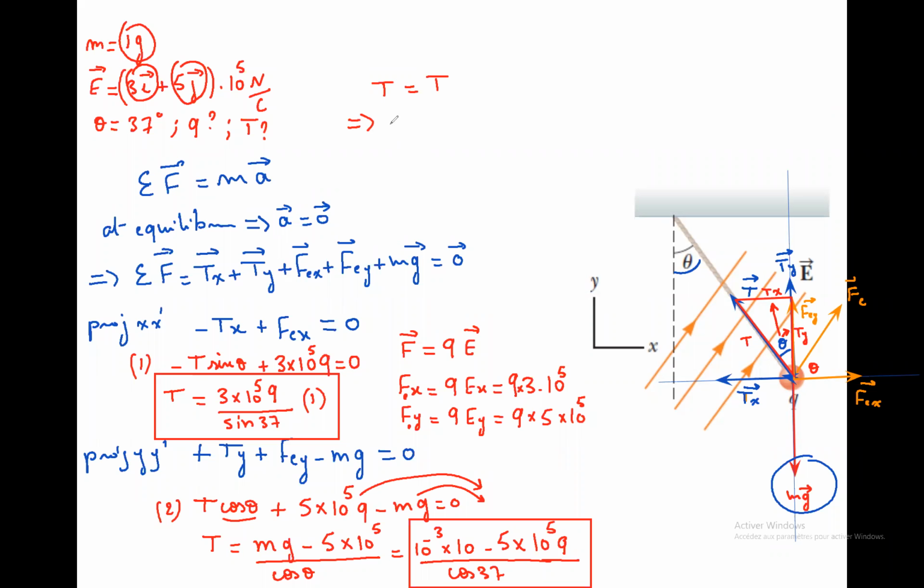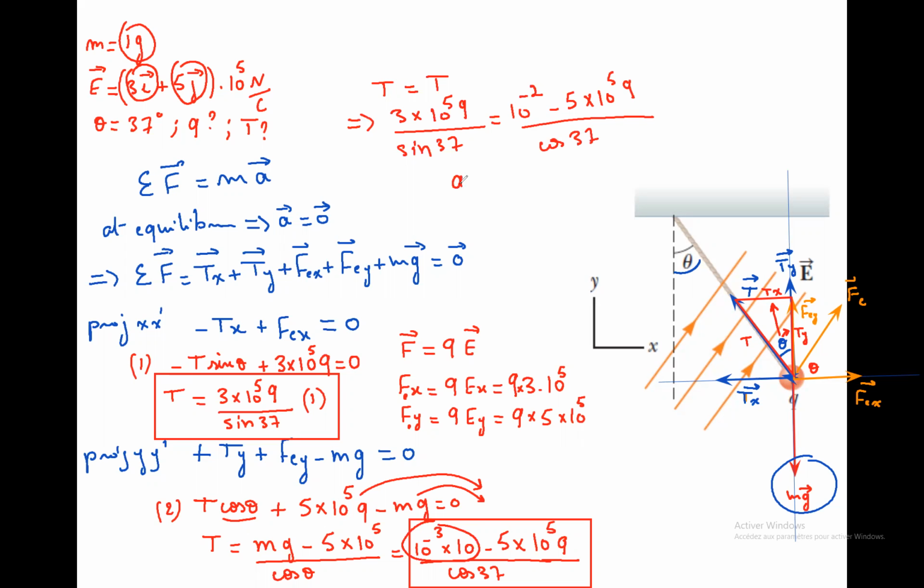So we can say 3 times 10 power 5 Q divided by sine 37 equal to 10 power minus 2 minus 5 times 10 power 5 Q divided by cosine 37.